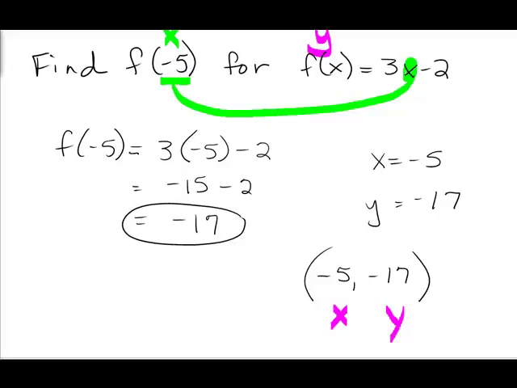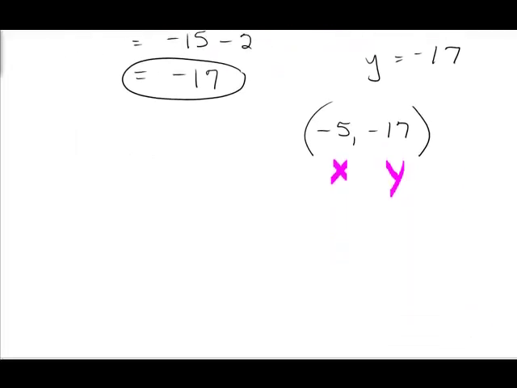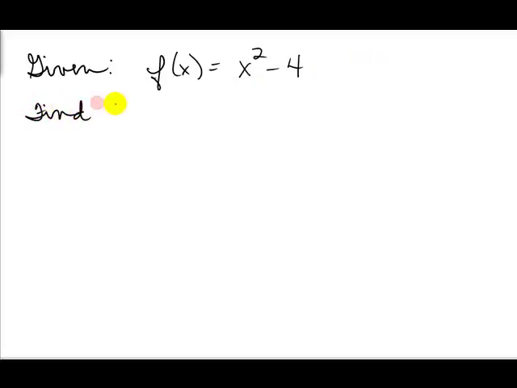All right, so I want you to try this yourself. We are given a function that says f of x equals x squared minus 4. And they want us to find f of negative 2 and f of 0 and f of 2.